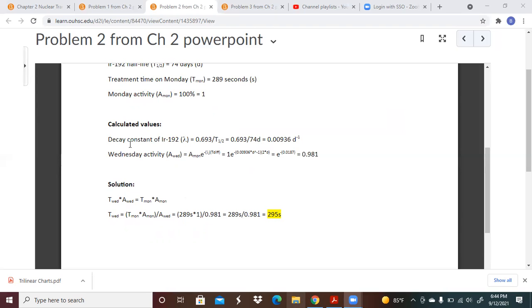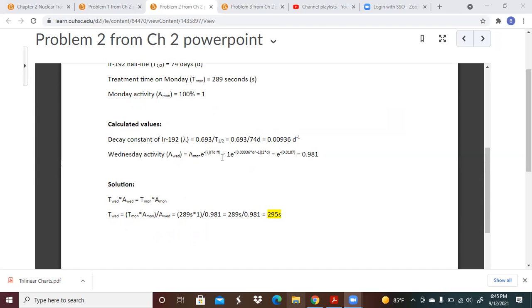The calculated values: the decay constant of iridium-192 turns out to be, using the formula lambda is equal to 0.693 divided by the half-life, 0.00936. So the Wednesday activity, since we're going to call this 1, we know what the decay constant is because we just tabulated it up there.